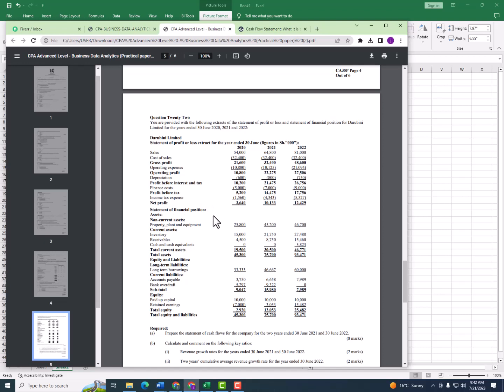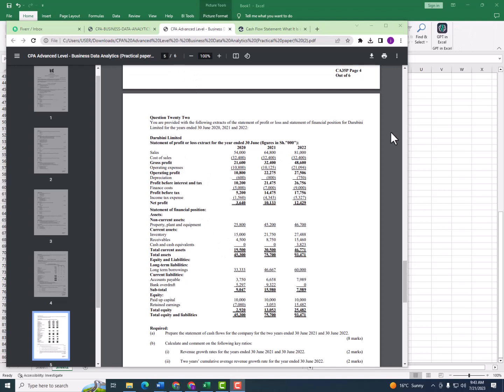Statement of financial position, we have the assets, non-current assets, current assets, total current assets. You have the equity and liabilities, equity, total liabilities. And the first part, you are required to prepare the statement of cash flows for the company for the 2 years ended 30th June 2021 and 30th June 2022.